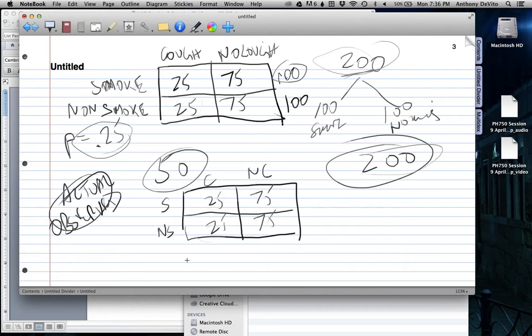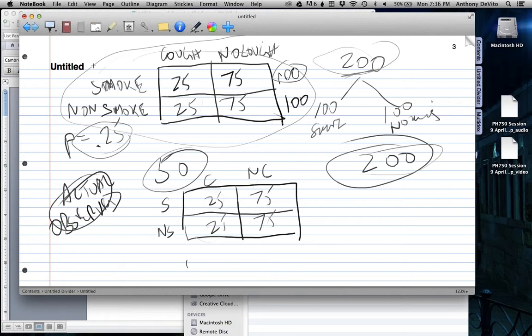Zero plus zero plus zero plus zero. The difference between what I expected and what I actually saw is zero, right? Well, that's not very informative, is it? Even if our assumption as to what our expected values are is true, the likelihood that we get exactly 25 and 25 and 75 and 75 is not very likely, right?